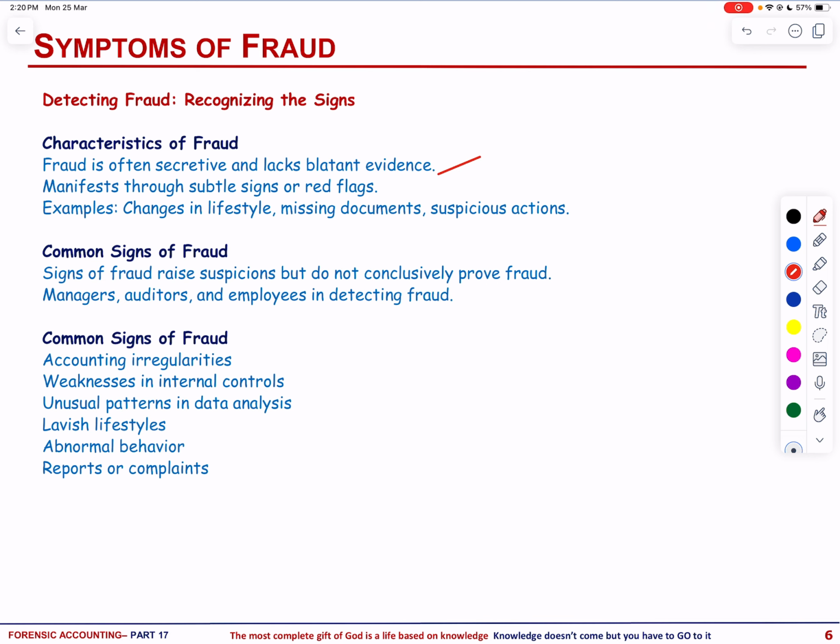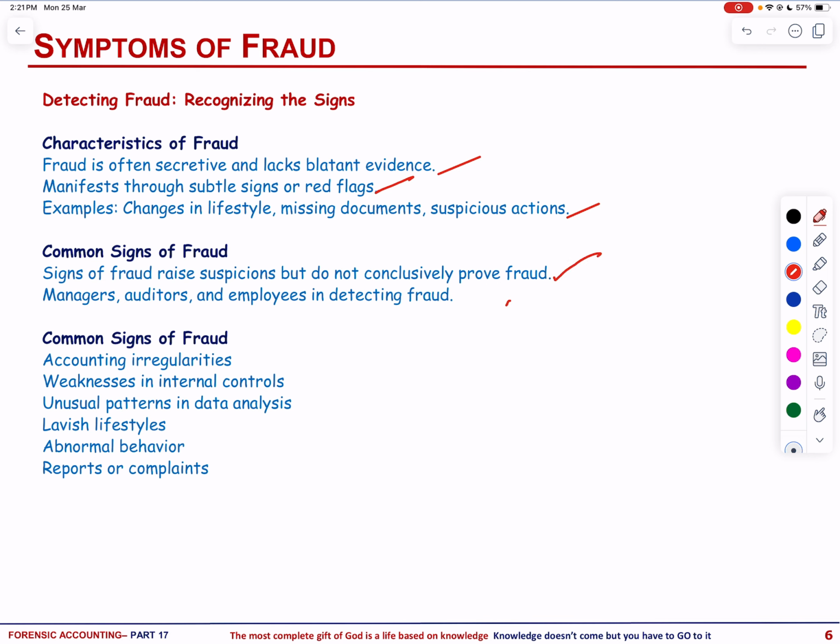Instead, it reveals itself through subtle signs or red flags, such as changes in lifestyle, missing documents, or suspicious actions. However, these signs don't conclusively prove fraud, they merely raise suspicions.